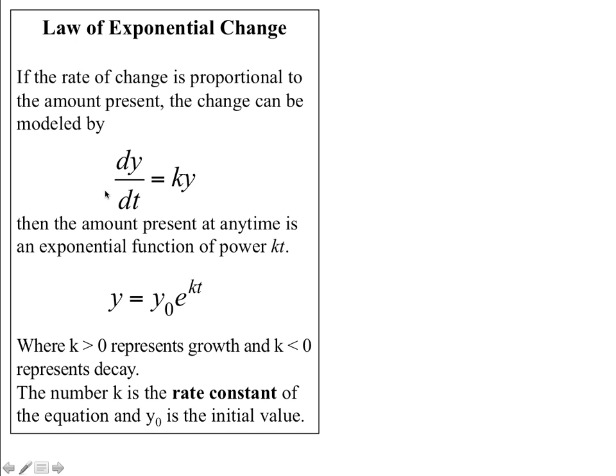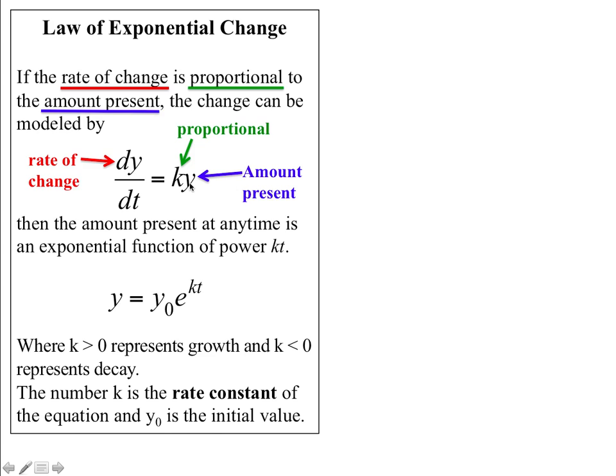After that, you're just going to jump to the shortcut, knowing that the solution to this differential equation is just this exponential relationship. We have a rate of change, a proportionality constant which is just a number, and the amount present. In the function that describes the population, the rate constant goes up in the power, and this y sub 0 is the initial value.